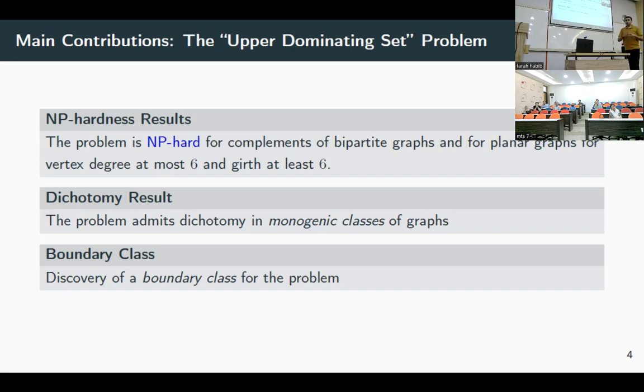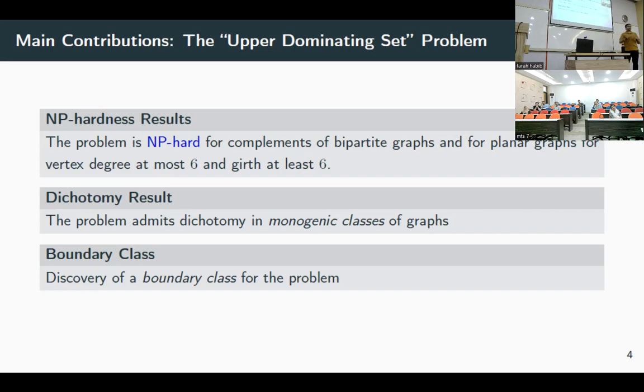So it was not known where the boundary is, where if we change the class of graphs from one particular style to the other, the problem becomes NP-hard. We clearly know that it's polynomial computable in certain classes and NP-hard in other classes.